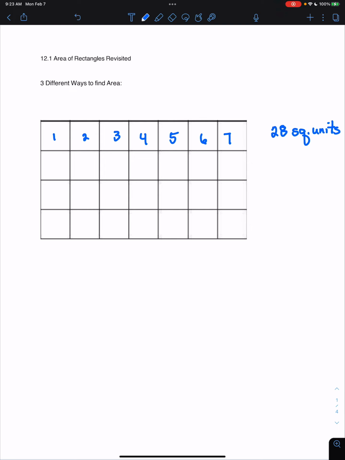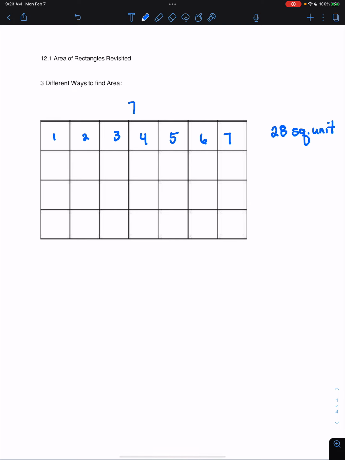Another way to do this, and this is probably the traditional way you were taught in elementary school or middle school, we could count the number of boxes on the length of the rectangle.